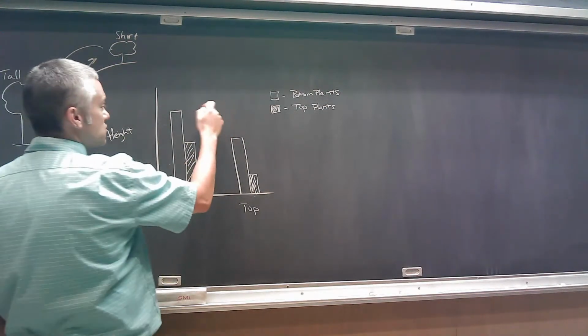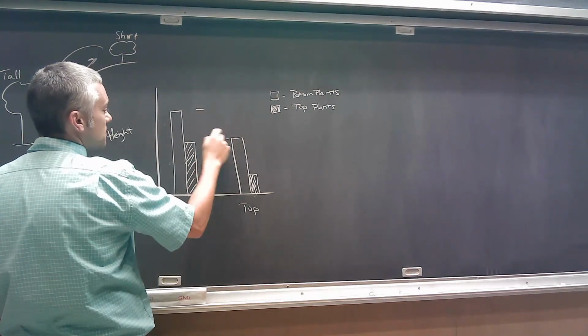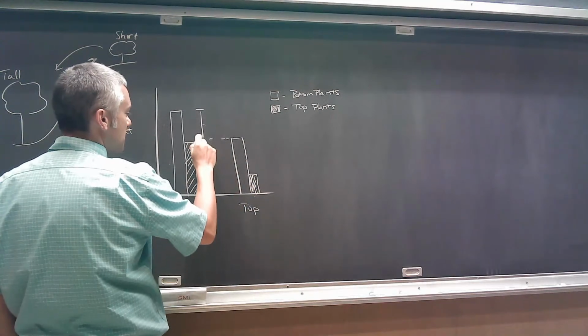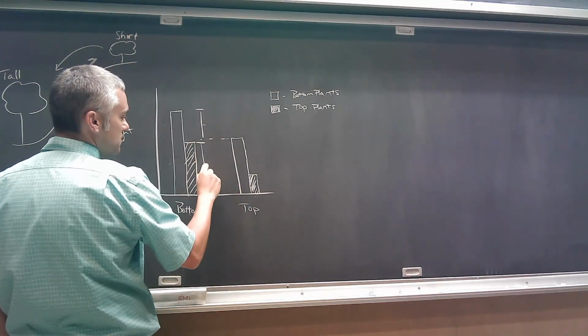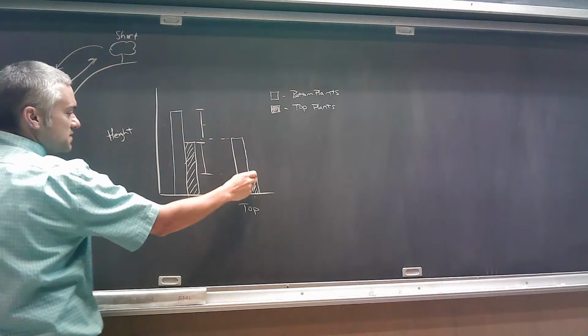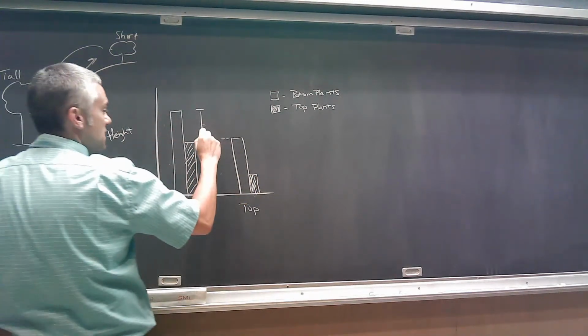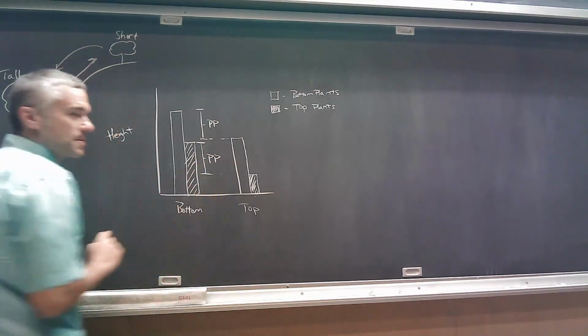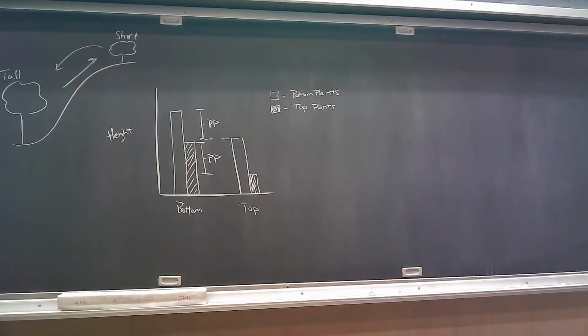So these changes from there to here, and from here to here, these differences, the change in our phenotypes, represent our phenotypic plasticity. That's the intraspecific variation that's due to being raised in the environment. Our plant was able to alter its phenotype to better match the environment in which it's grown.